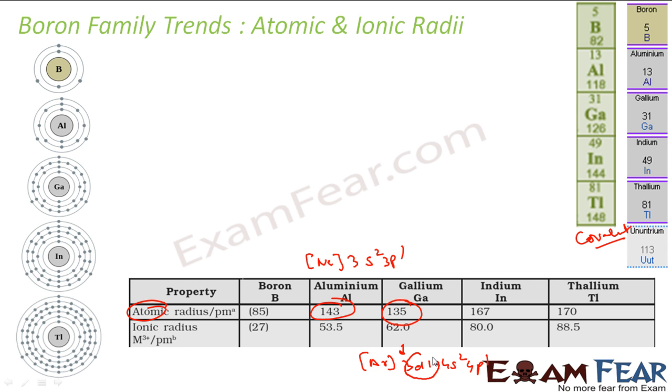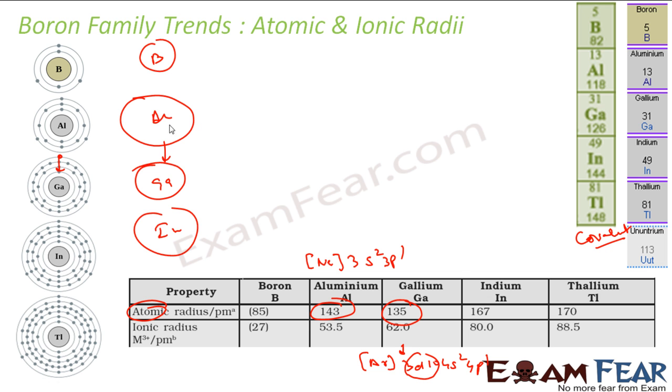So here if you see, 3d orbitals come into the picture, and 3d orbitals have poor shielding effect. Thus the gallium electrons have more effective nuclear charge. So actually gallium is smaller than aluminum because of the poor shielding effect by 3d orbitals. This is only for the atomic radius. But if you see the covalent radius, it follows a general trend.